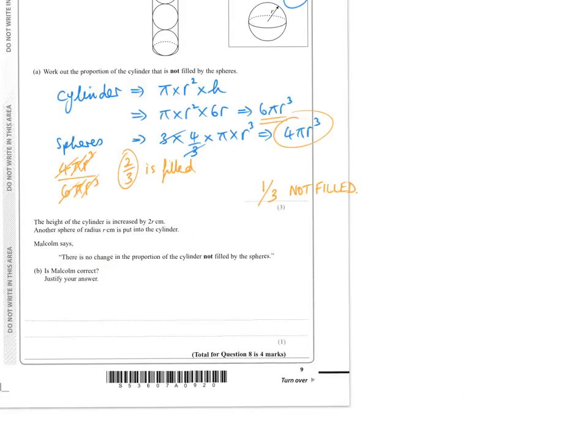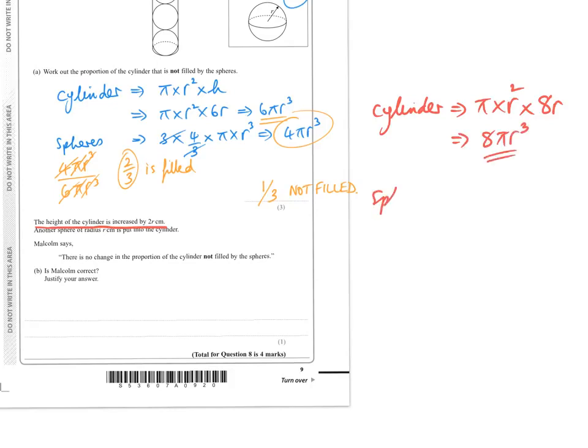The next part of the question says, the height of the cylinder is increased by 2r centimetres. So now the cylinder would be pi times r squared times, well, it would be 8r because it would be 6r plus 2r more. And that gives us 8 pi r cubed.